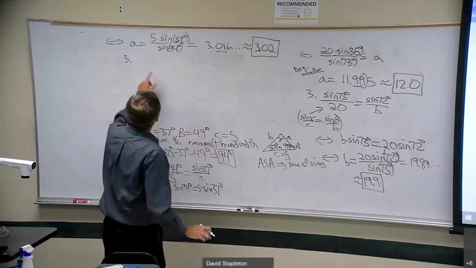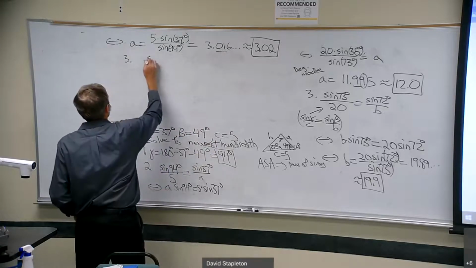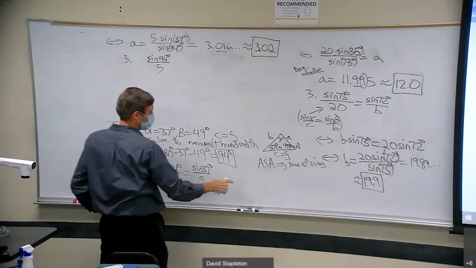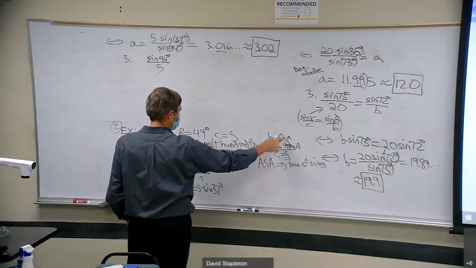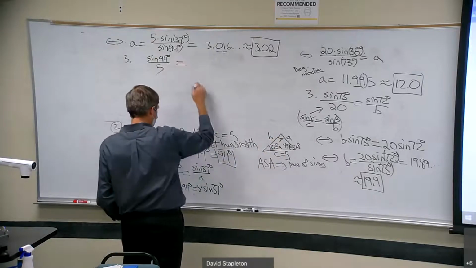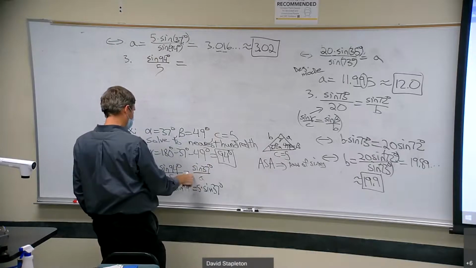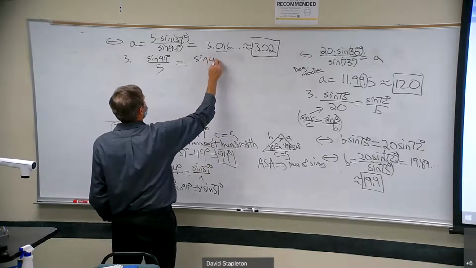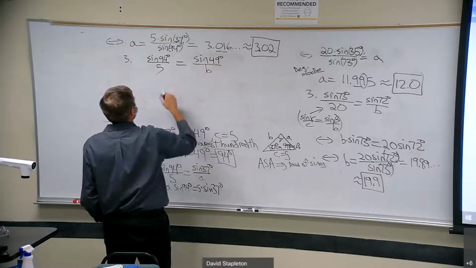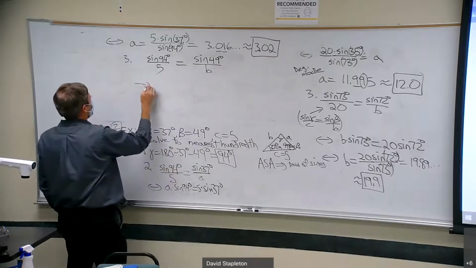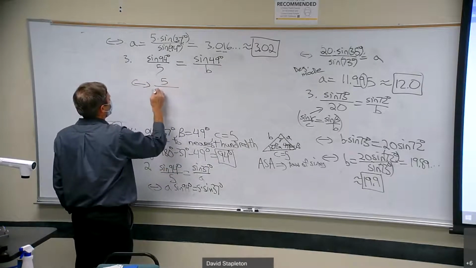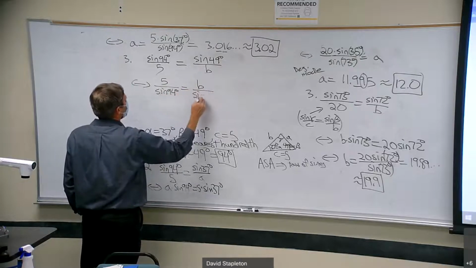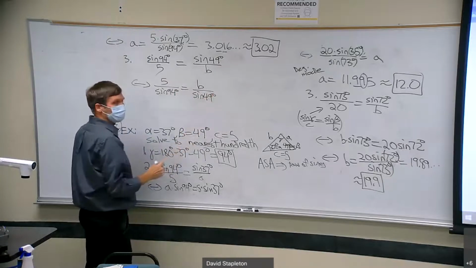I'll say, like this one, sine 94 is to 5, that's gamma, sine gamma is to C as, and this time, instead of sine alpha is to A, I'll do sine beta, 49 degrees, is to B, and I can find B. So 3 of the 4 numbers known. Let's do this one by doing reciprocals again. If these two are equal, then the reciprocals are equal: 5 is to sine 94 as B is to sine 49 degrees.